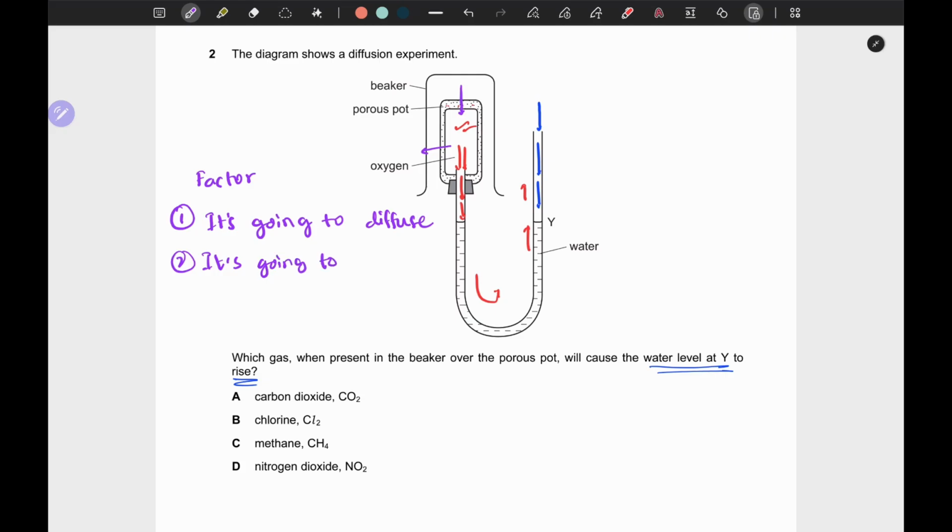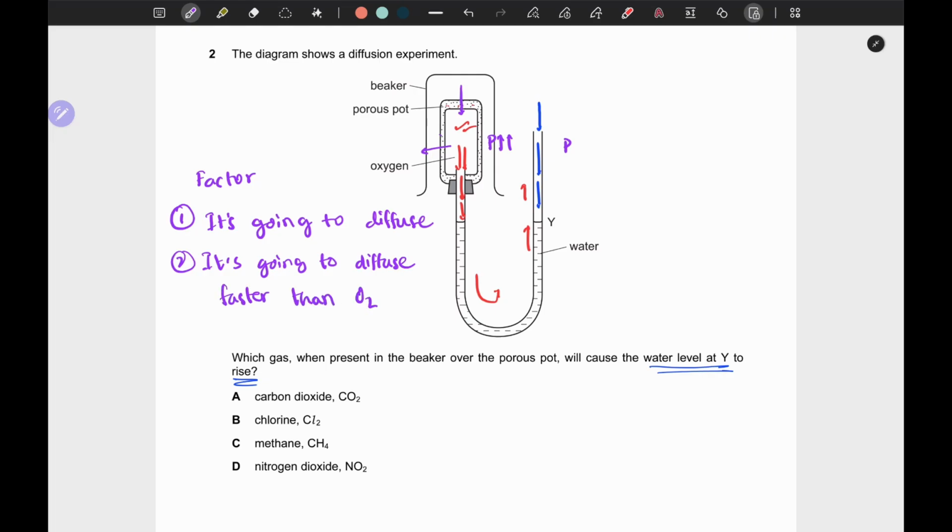Faster than whom? Faster than oxygen. Because think about it, if the oxygen diffuses faster than the incoming gas, won't the overall gas pressure decrease? So to avoid the decrease in gas pressure, we need a gas that's going to diffuse faster than oxygen.